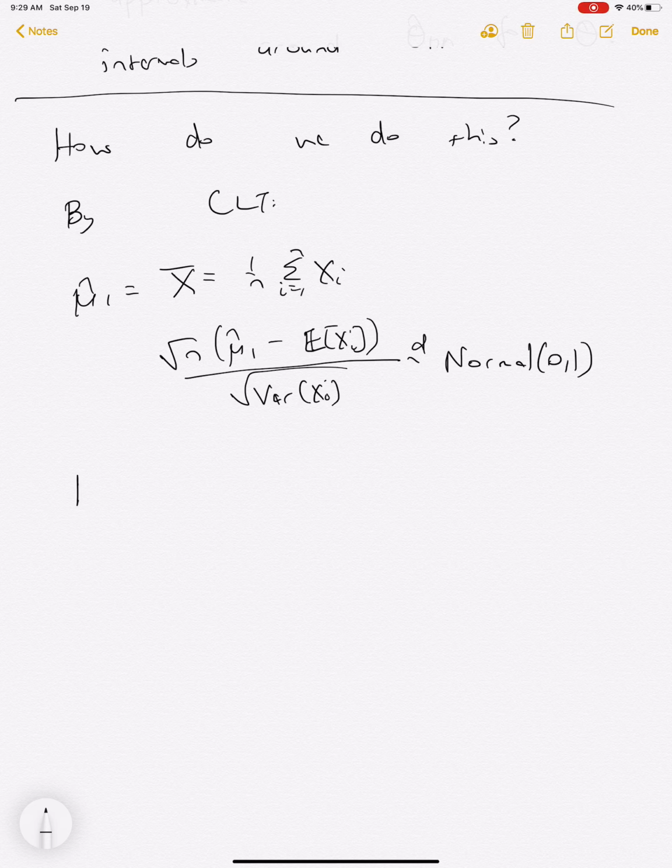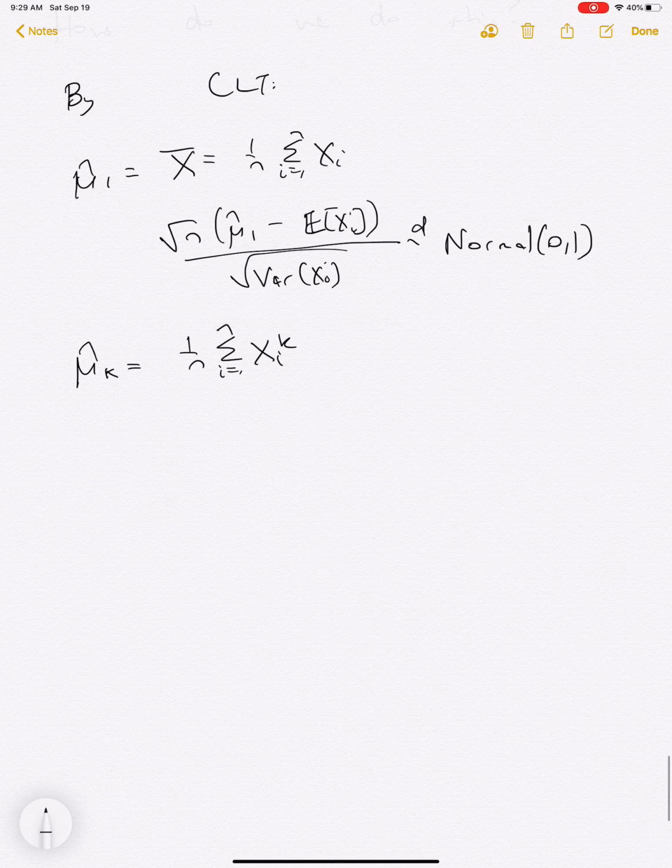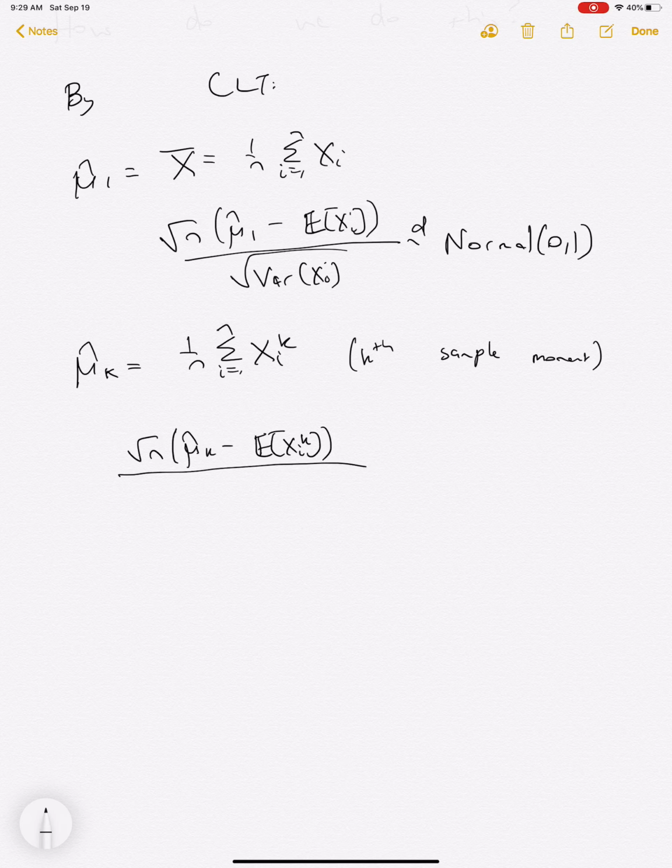So if we have that this is mu hat k, which is the kth sample moment, now you'd have variance of xi to the k. Sorry, this is an asymptotic result.